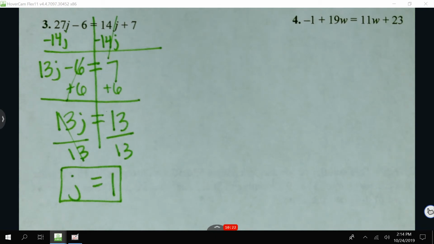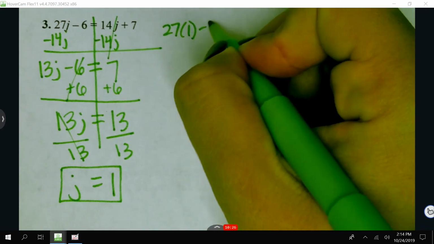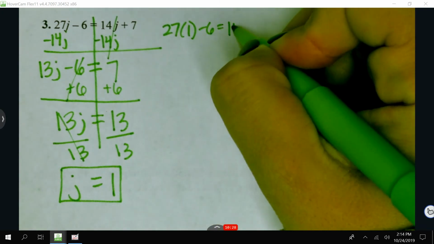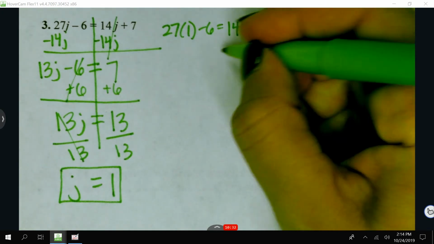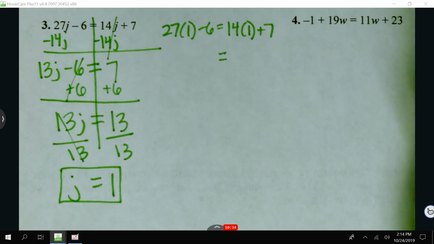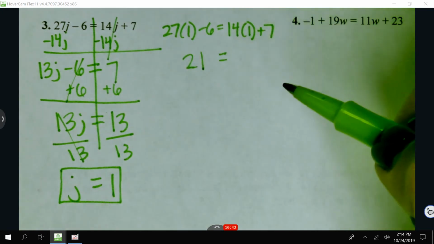Okay, if I'm checking, I have 27 times 1 minus 6 equals 14 times 1 plus 7. So somebody do the left-hand side and somebody else do the right-hand side and see if we match. 21 on the left? 21.